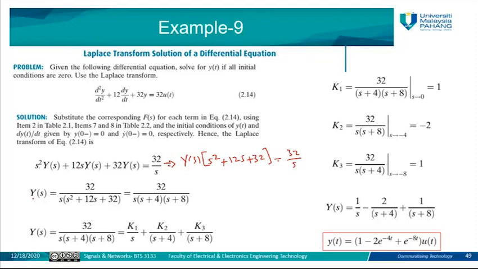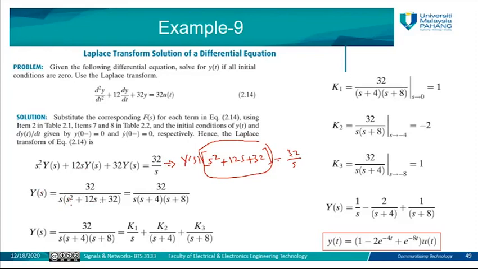Now I want to find what Y(s) is. Y(s) will equal 32, which is the right side, divided by these operators, so I move it to this side, and I still have s from the right side here. So this is the new, resulting Y(s) function that I have. I simplify this Y(s) function.